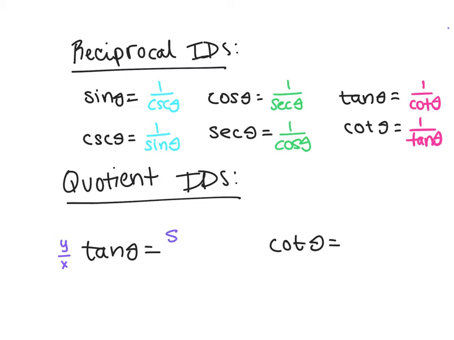So that means tangent of theta is equal to sine of theta divided by cosine of theta. And then it goes vice versa. Cotangent is the opposite. It's x over y, which means cotangent equals cosine over sine. So again, take a moment, write these in your notes. Identities are just true facts about trig. Now the way we'll use them to solve equations, you'll see in the next 3 examples.